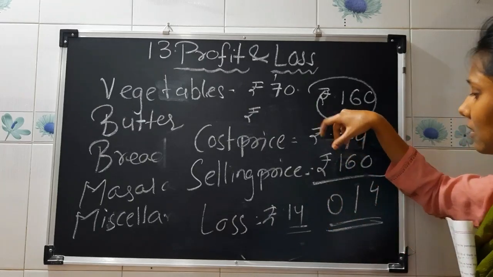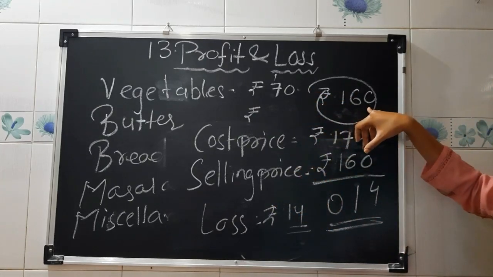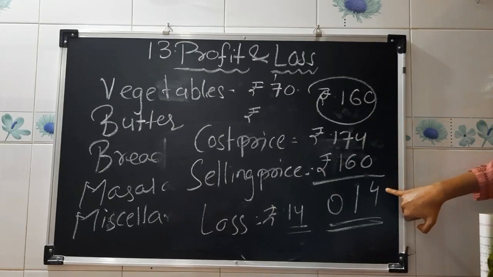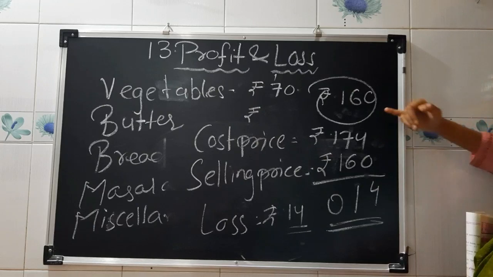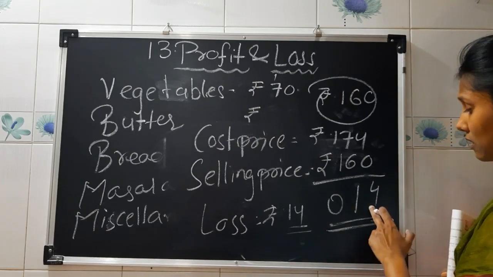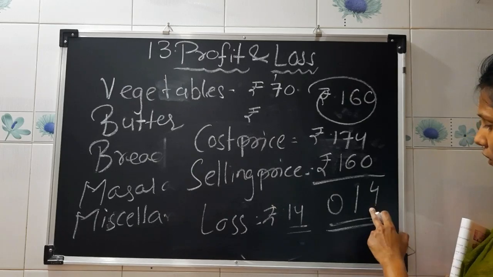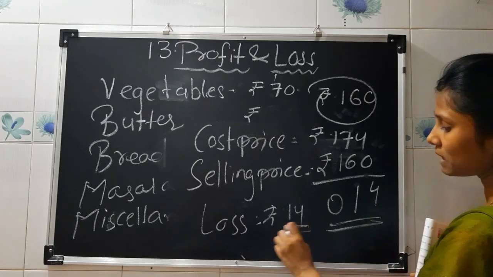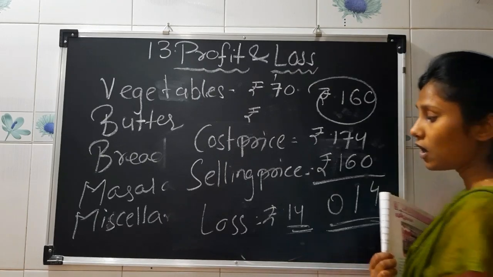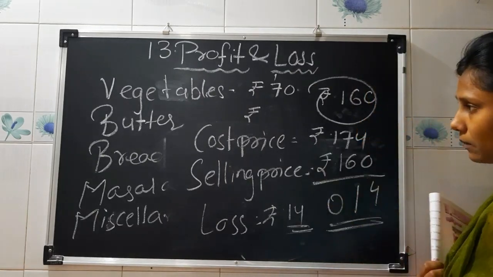He sold all these items for rupees 160. He spent more but earned less. How much less did he earn? Rupees 14. So rupees 14 is his loss. Pranav suffered a loss of rupees 14.